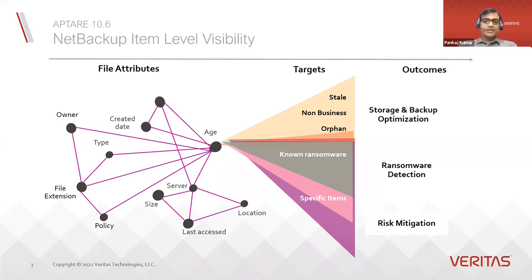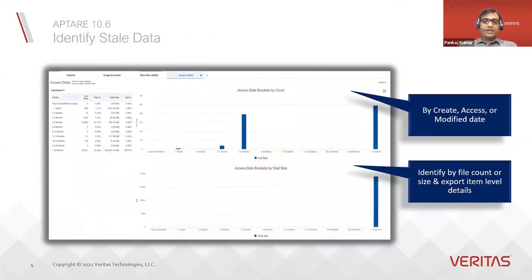This sounds really exciting, Rajiv. It will be helpful if you can show a few sample reports around the file analytics feature. Absolutely. So that's exactly what I had in my next slides. If you can see on the screen, we have a report which helps to identify stale data.